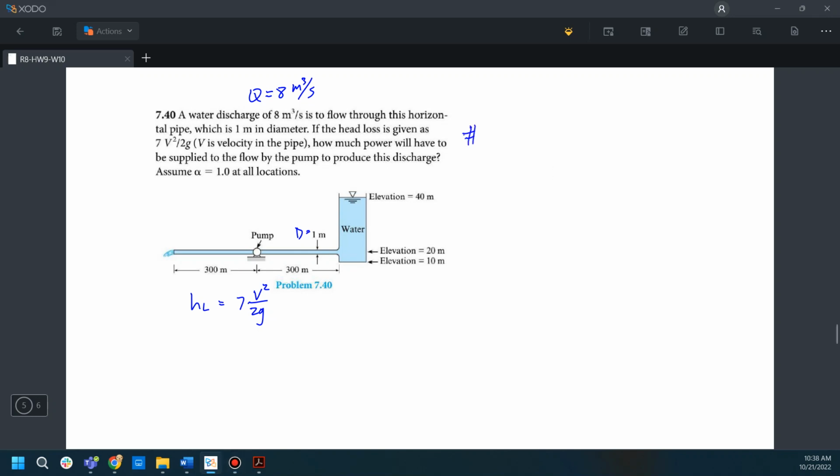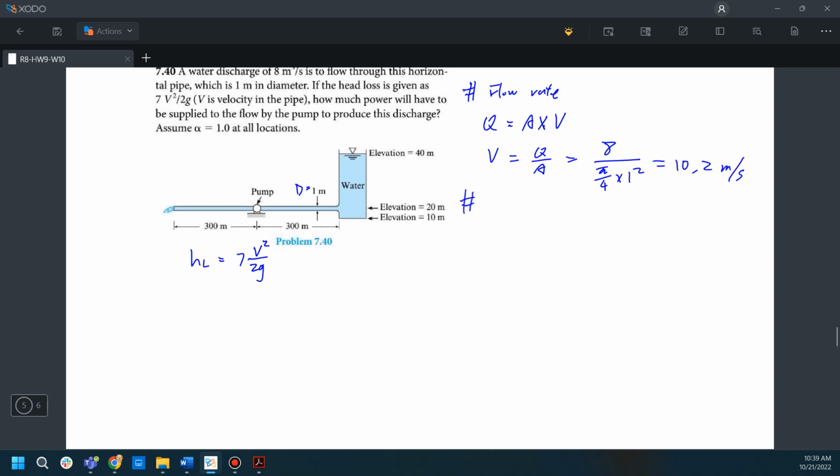Step 1, flow rate, and again Q equals A times V. So V is equal to Q divided by A, that is 8 divided by pi over 4 times the diameter 1 squared. This gives us 10.2 meters per second.